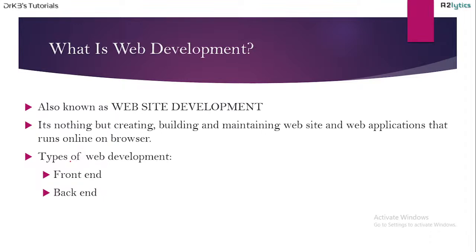So in short, what is web development, or we can call it website development? Website development is nothing but creating the website, designing a website, then building a website, maintaining that website, and developing 3 applications.